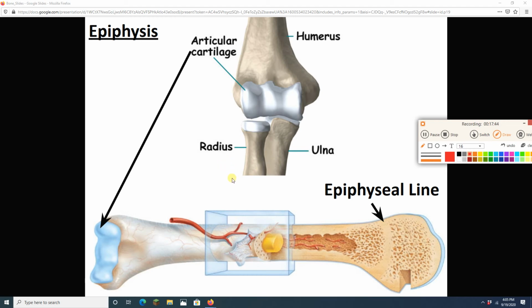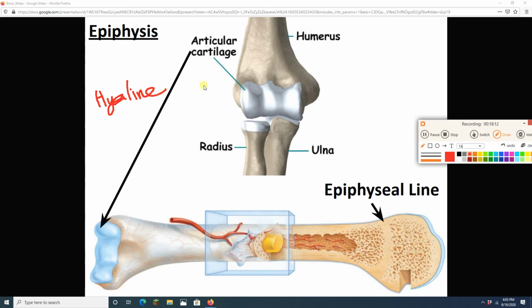And for that reason, we need a more flexible tissue covering the bone there. A more squishable, more flexible tissue. And you know what does that perfectly for us? Hyaline cartilage. On our epiphysis, at our joint surfaces, we are going to have good old hyaline cartilage, which you remember from lab number 5.